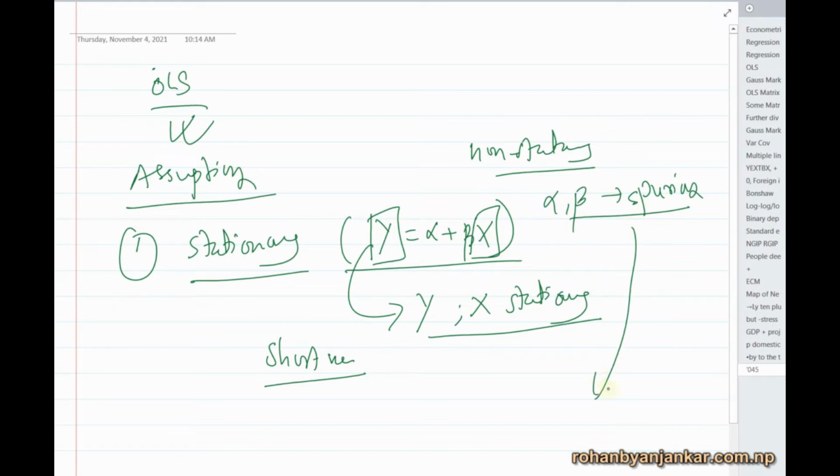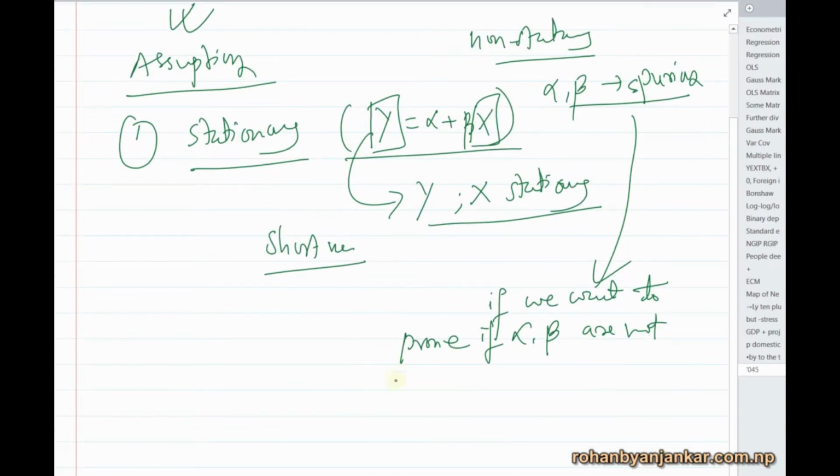And if we want to prove that alpha and beta are not spurious, then we need to confirm co-integration.